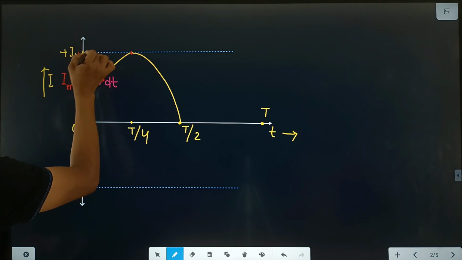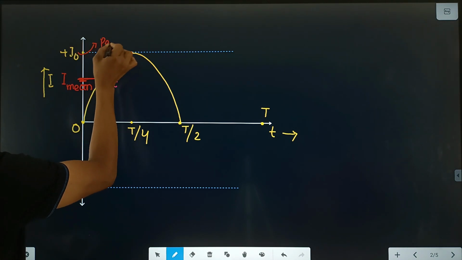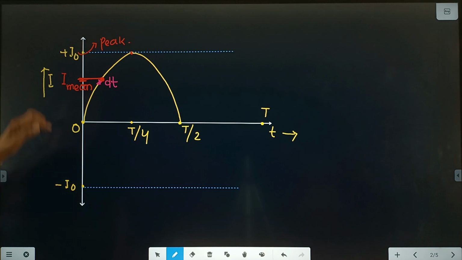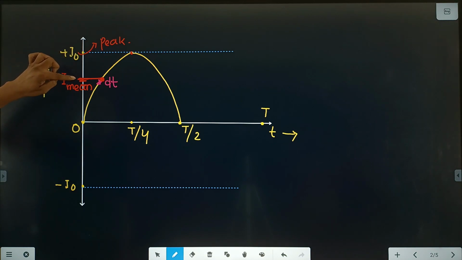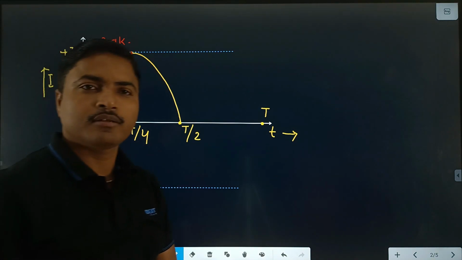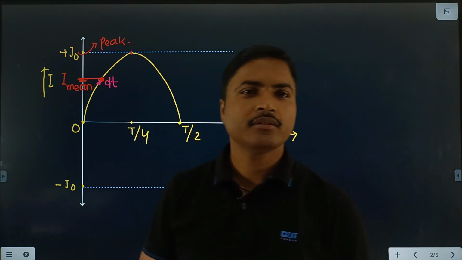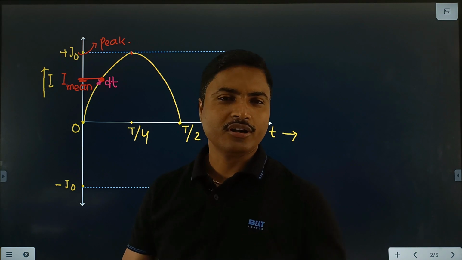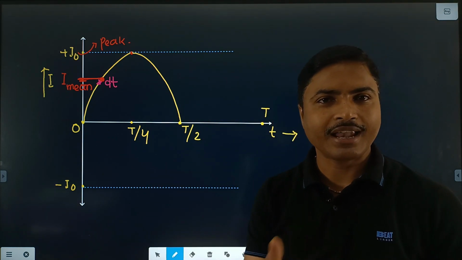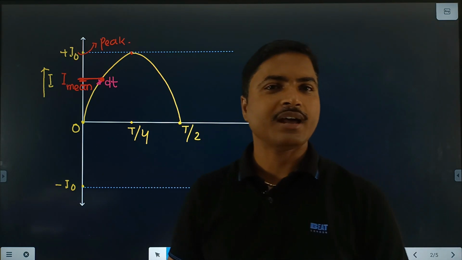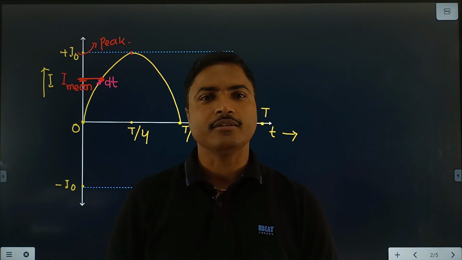This is the peak value I0, and this is the mean value. Clear? And this is all about the mean value of AC for half cycle, or the relation between the mean value of AC and the peak value for half cycle.